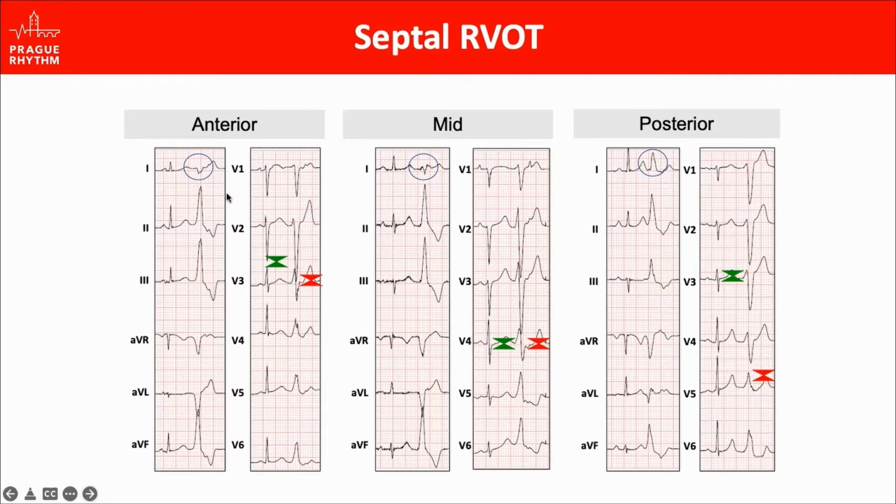The reason is obvious, because the anteroseptal part is more leftward than the posteroseptal, where the QRS will be more positive. The midseptal part usually has a polyphasic or multiphasic QRS complex with a dominant negative deflection.